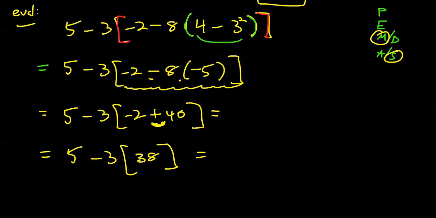Now we've got a multiplication and a subtraction, and again, multiplication always takes precedence over subtraction, so I do the multiplication first. 5 minus 3 times 38 is minus 114. And only now do I perform this first sign that I see on the left, going left to right anyway. 5 minus 1. Oop, hang on, I made a mistake. Hang on.